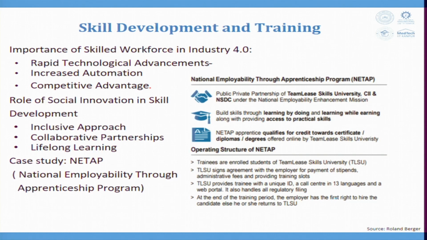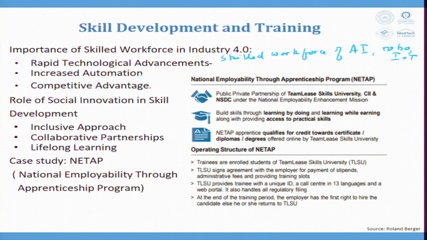So, skill development and training, when we try to talk about it. The importance of a skilled workforce in Industry 4.0 is going to be rapid technological advancement. People should understand that what is required is a skilled workforce of AI, robotics and IoT.